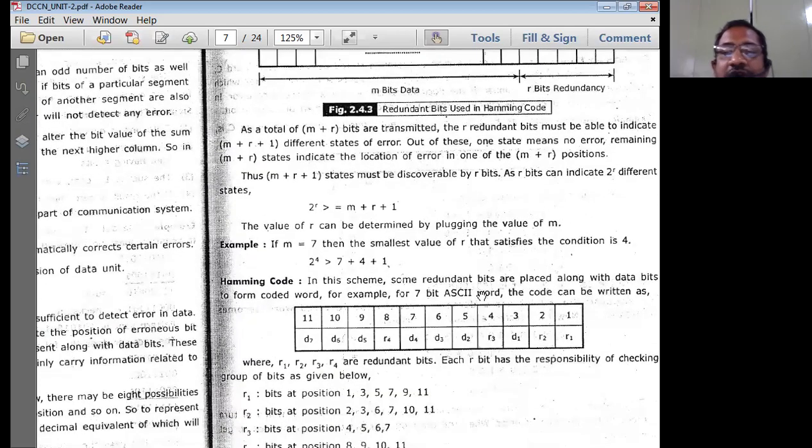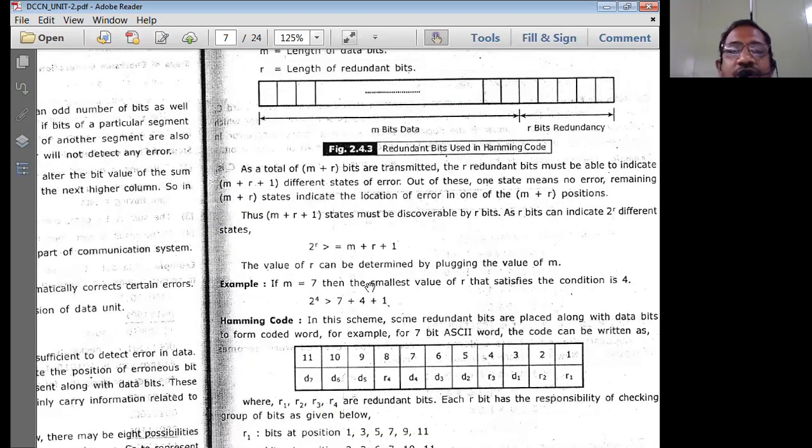So say if you take m here, you should take R to be more than that. It means I stick myself to m equal to 7 bits, R is going to be 3 bits. So I have to use m plus R plus 1, because just now we have seen one more bit is required for the no error possibility.